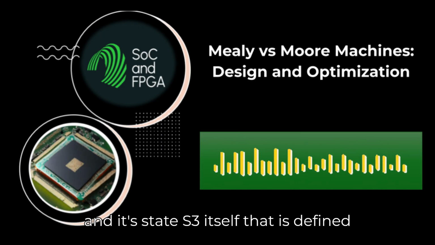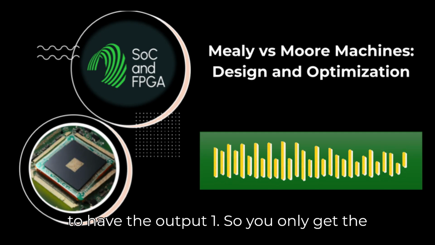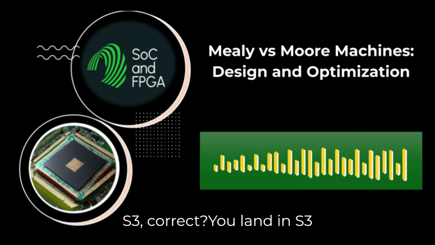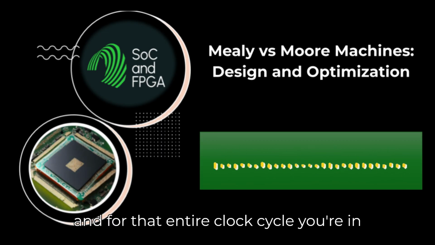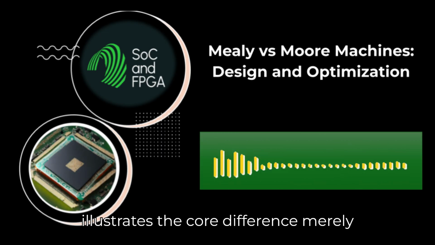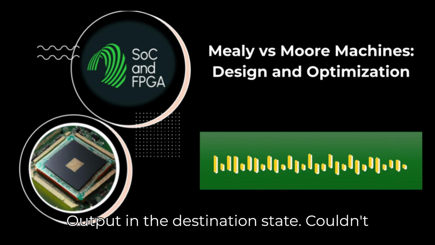And it's state S3 itself that is defined to have the output 1. So you only get the 1 output after you've fully arrived in S3. Correct. You land in S3, and for that entire clock cycle you're in S3, the output is 1. It perfectly illustrates the core difference. Mealy: output during transition. Moore: output in the destination state.